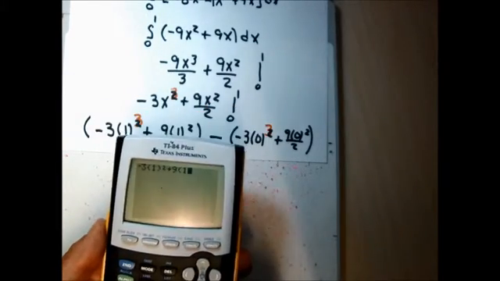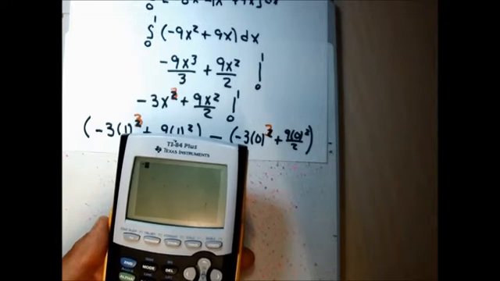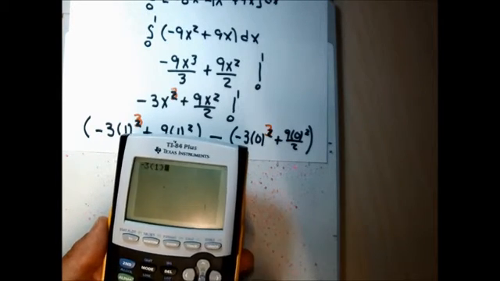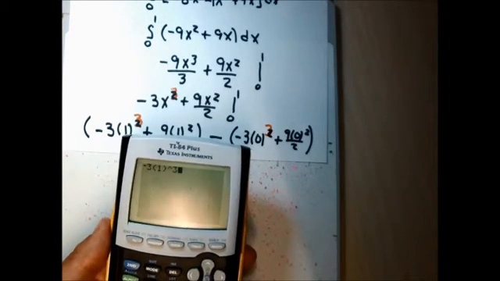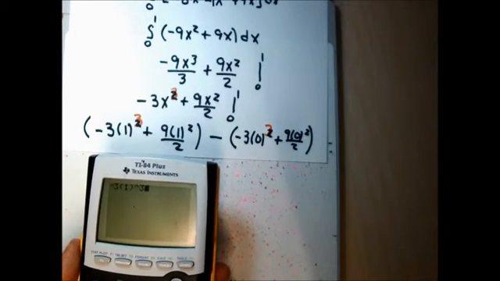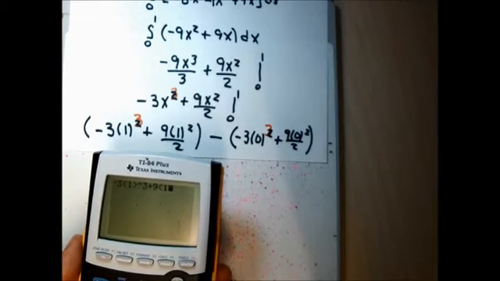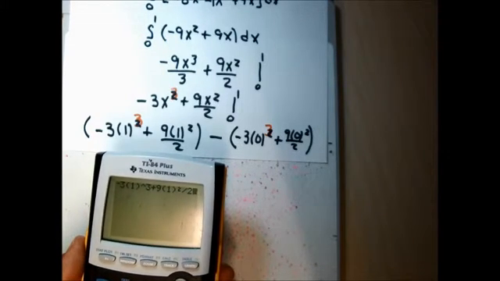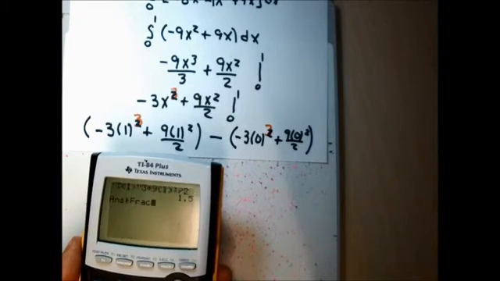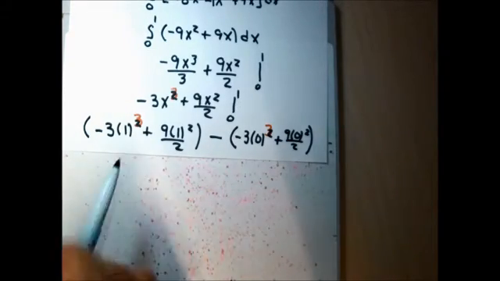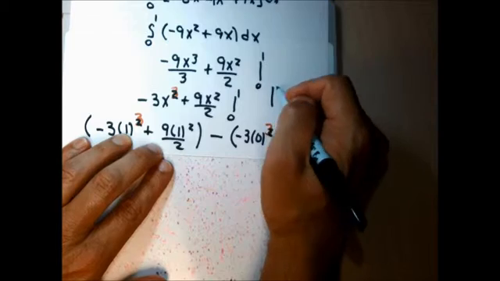Fix it before I mess up. So it might not matter because 1 is a forgiving number when it comes to exponents. So that looks close enough. In math, enter it. And this one comes out to 3/2, which is 1.5.